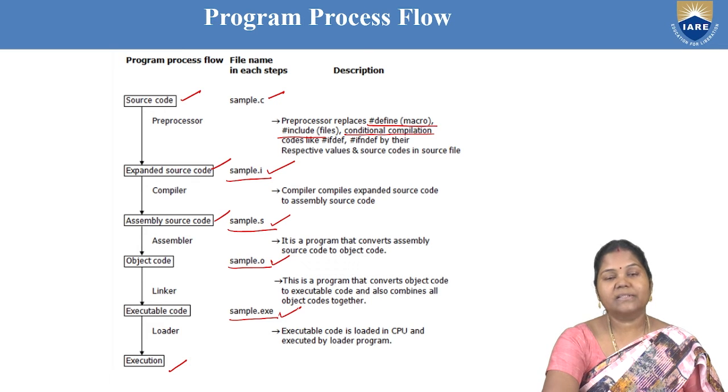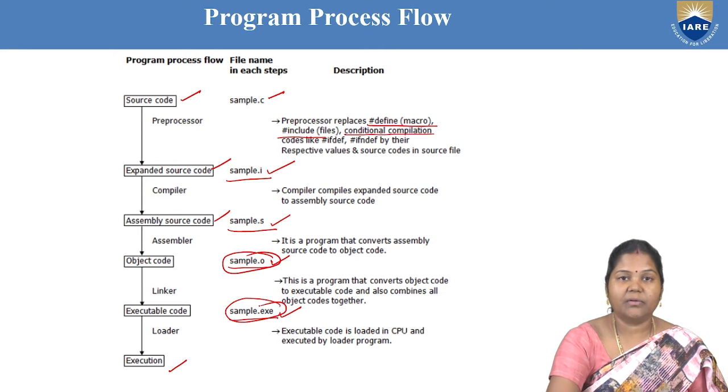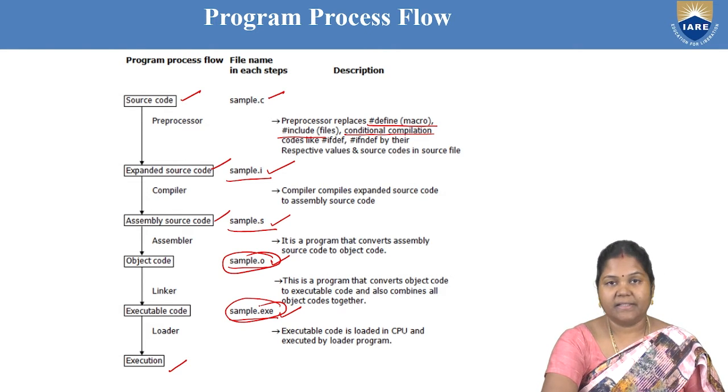So from sample.c to sample.exe, there are many steps. But as an end user, you cannot see all those files. You can see only the object file and the executable file, sample.o and sample.exe.